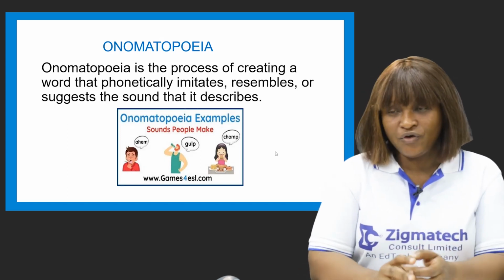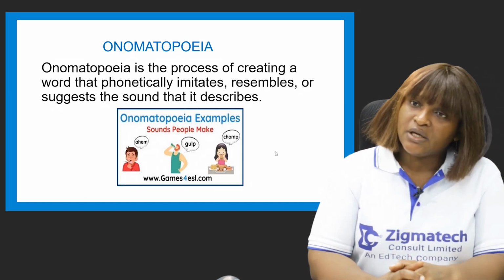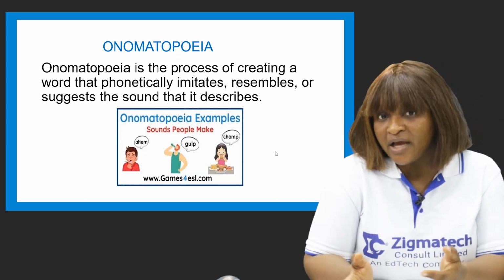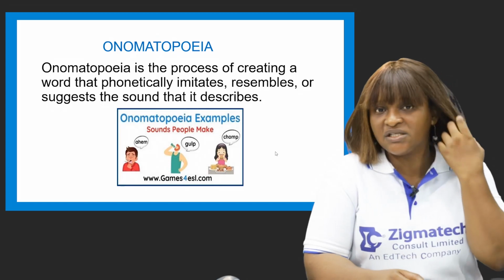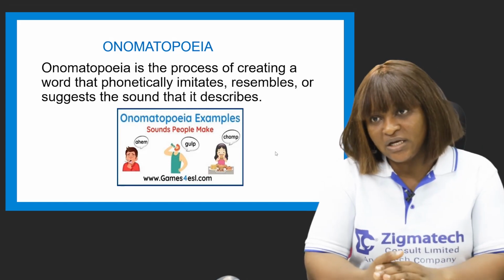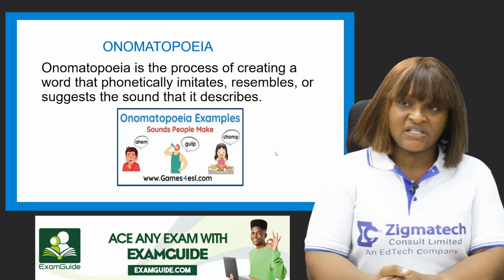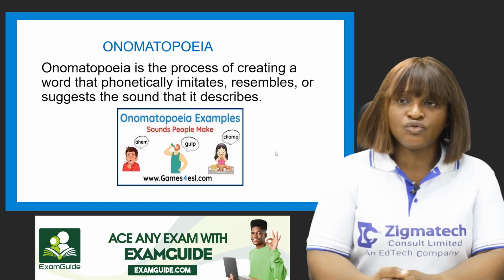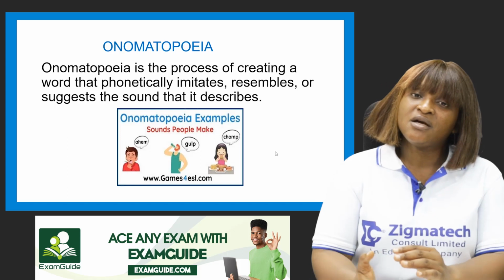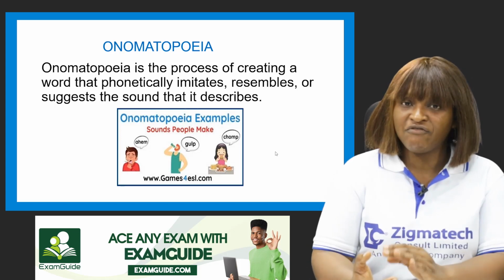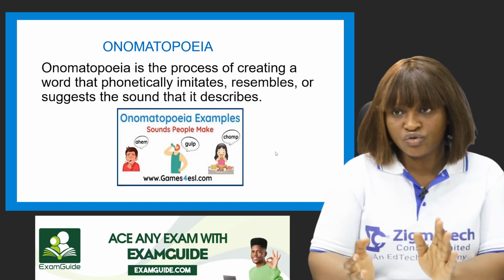All right, this is another figure of speech that is actually interesting and easy to identify when you see them in sentences or when you're asked to do so in an exam condition. Now, onomatopoeia as a figure of sound has to do with identifying the meaning of a thing by virtue of the sound used.